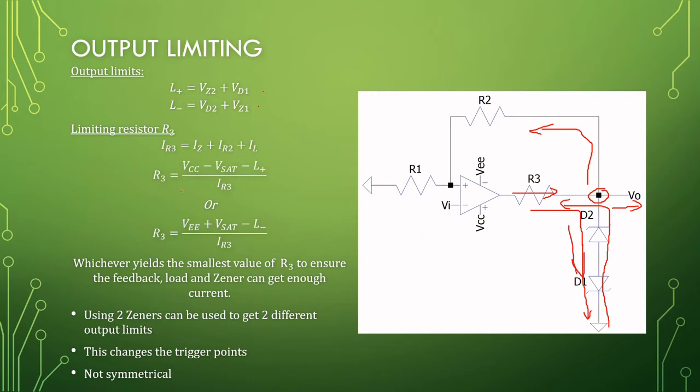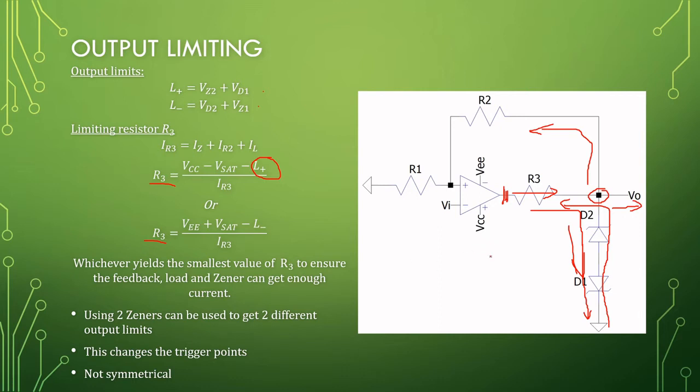Okay, so resistor 3 you can determine with VCC minus VSAT, which is the maximum output voltage here, minus the limit that you set using the diodes, or you can do it on the negative cycle, but whichever yields the lowest resistor will be the correct answer.